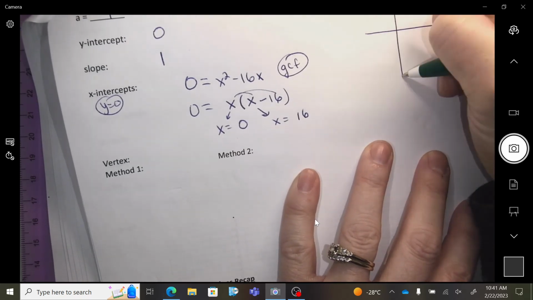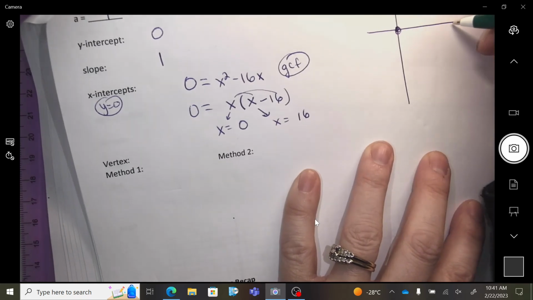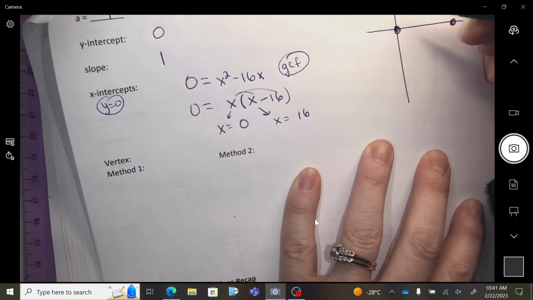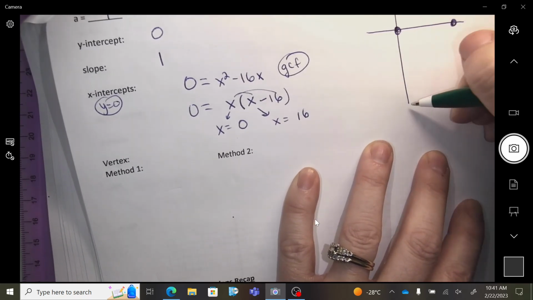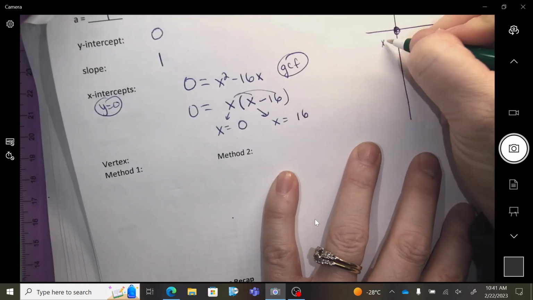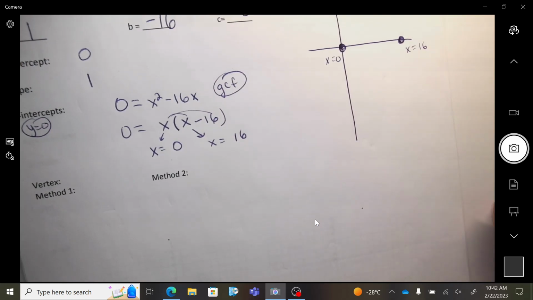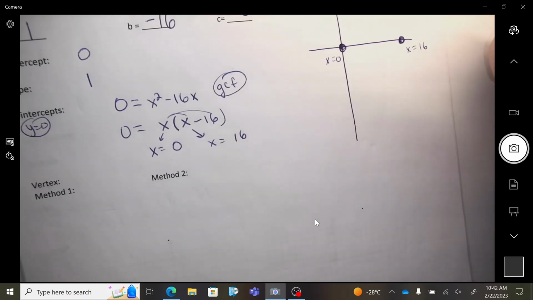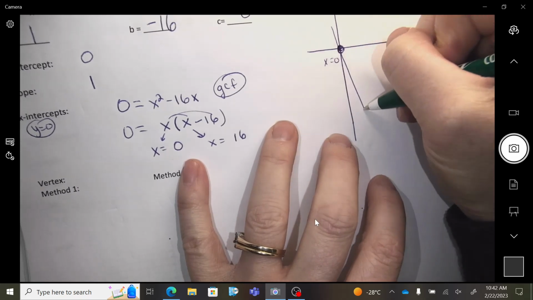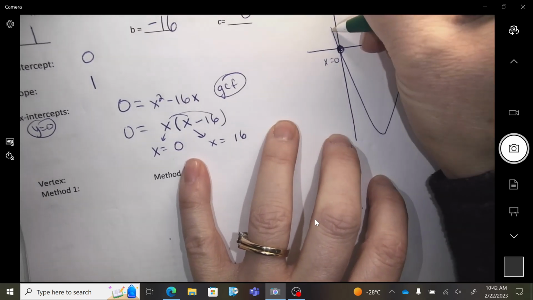So here's what you know. You know that you have an x-intercept at 0 and at 16. You know that this is a slope of 1. So it will open up.